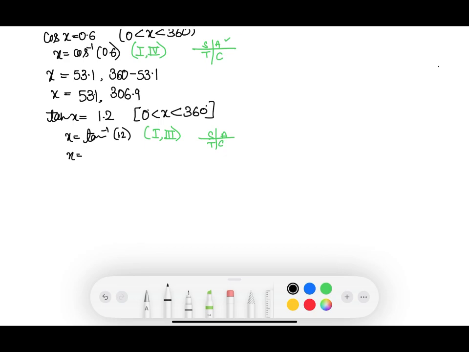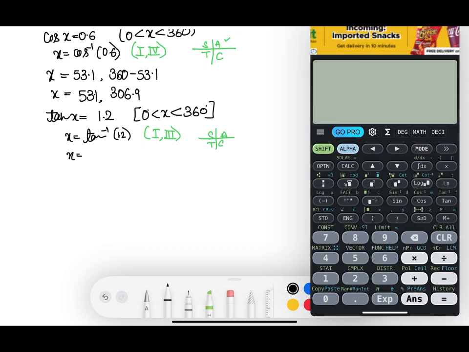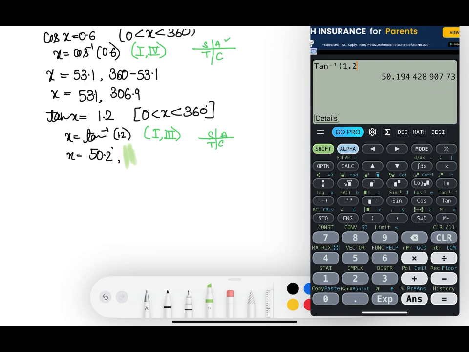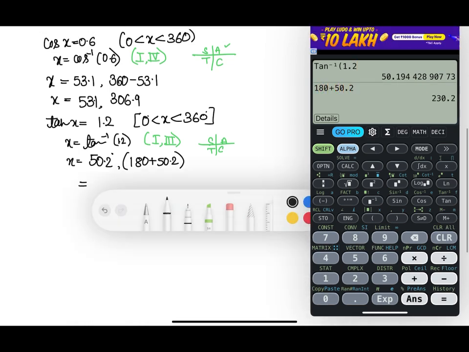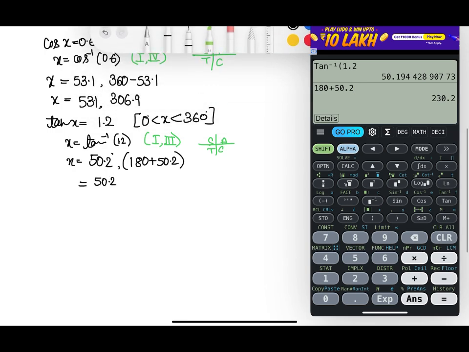So x will be tan inverse 1.2, which is 50.2 degrees. And the other value, because the third quadrant is 180 plus 50.2, is 230.2.